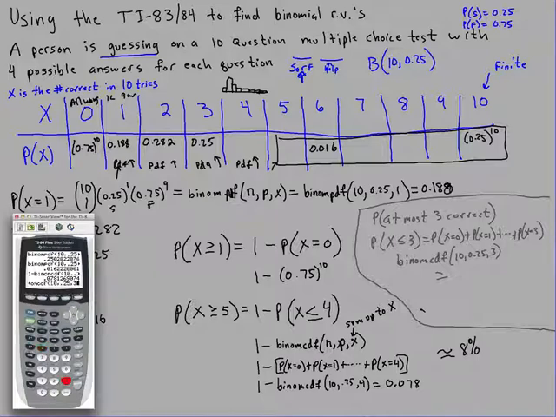This is going to add 0, 1, 2, and 3. And I get 0.776. So a 77.6% chance of getting at most 3.